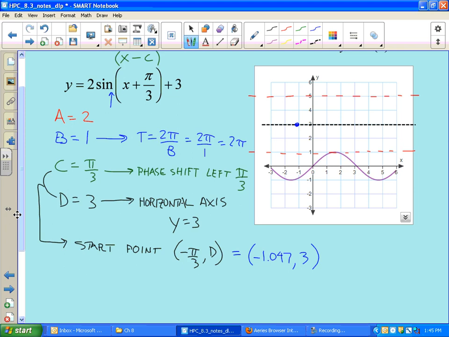The first quarter takes me to the maximum of a sine curve. Where does the second quarter take me for a sine curve? Back to the axis. Where does the third quarter take me? To the minimum. And the fourth quarter brings me back to the axis. If I can remember that, this stuff's a piece of cake. Find your period, break it into quarters, and then go where I'm supposed to go. And that's what we're going to do.